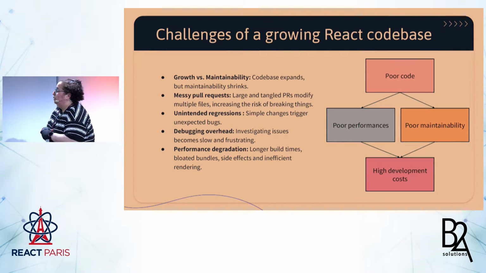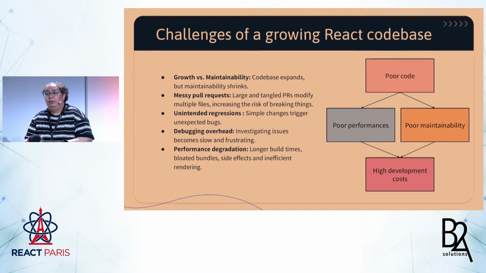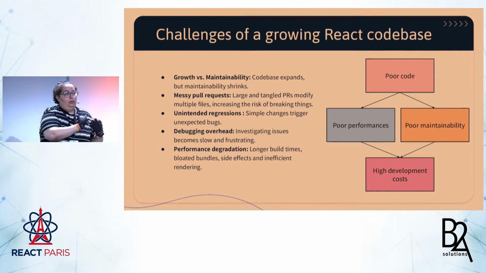We will be split between how to have performant code and, at the same time, maintainable code. And we are split between which is the good approach I should use that can help me to balance performance, good code, and good maintainability.